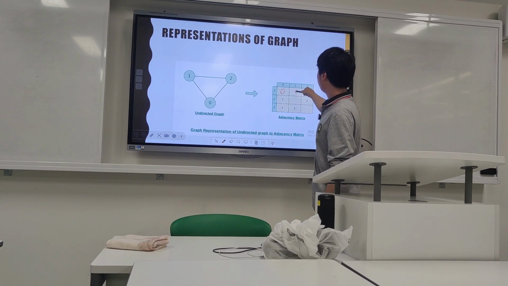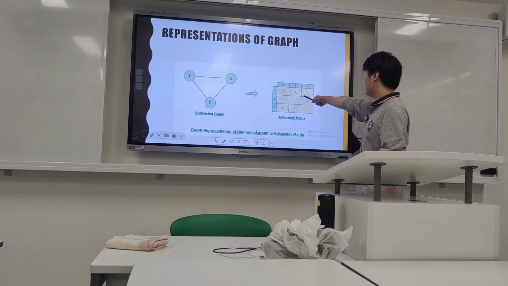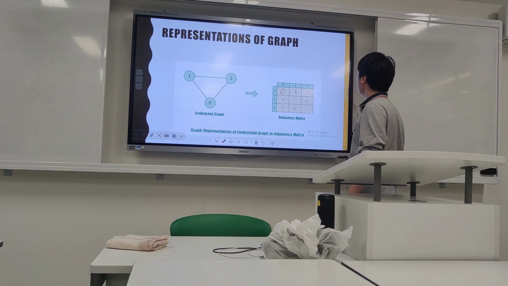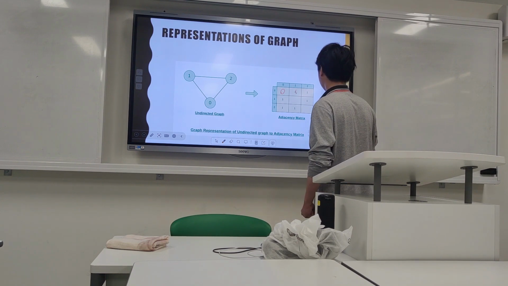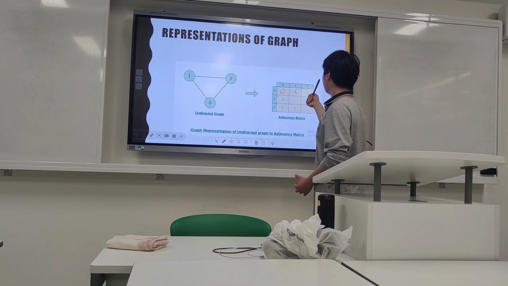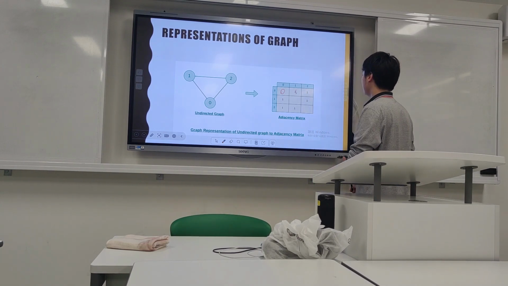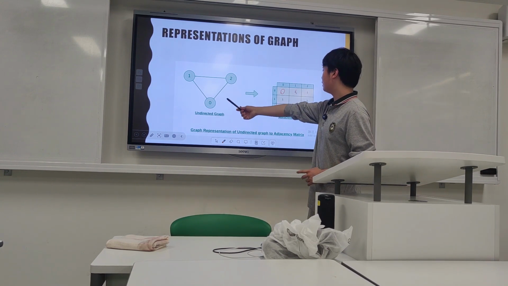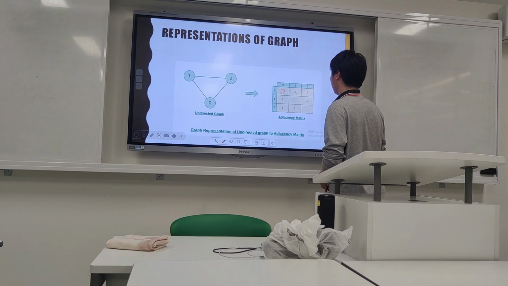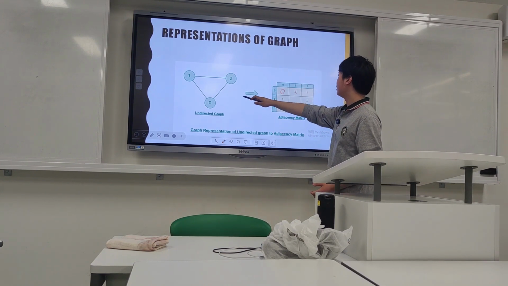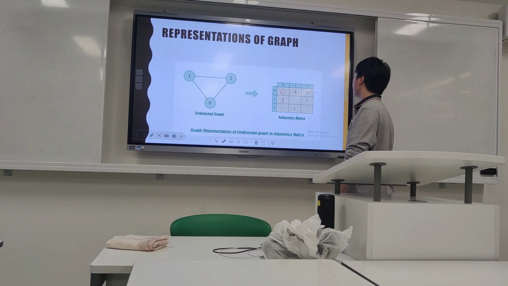This Boolean value stands for there being an edge between 0 and 1. The adjacency matrix is a directed representation in this way, so it means that you can get from 0 to 1, and since it is an undirected graph, you can also get from 1 to 0, and this place will also be 1.